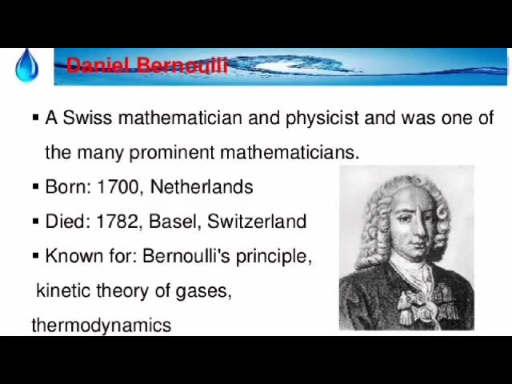He is particularly remembered for his application of mathematics to mechanics, especially fluid mechanics, and for his pioneering work in probability and statistics. Daniel Bernoulli was born in 1700 in the Netherlands, and he died in 1782 in Switzerland.